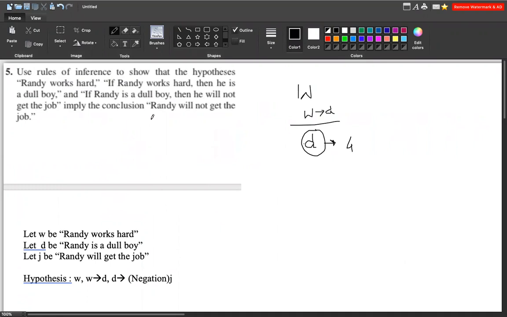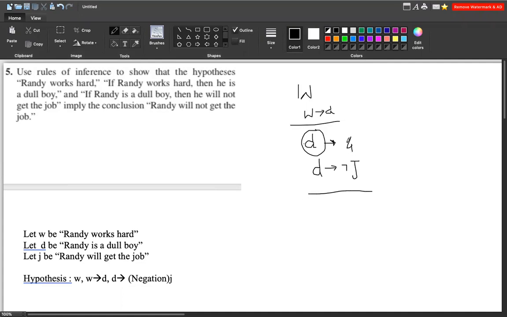Now, what we said is Randy will not get the job. So here we have to say, if Randy is a dull boy, then he will not get the job. We say that Randy is a dull boy. We already got this, right? So this is the fourth one here. Now we have this third hypothesis over here, D implies negation of J, right?